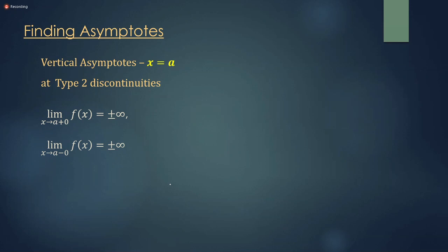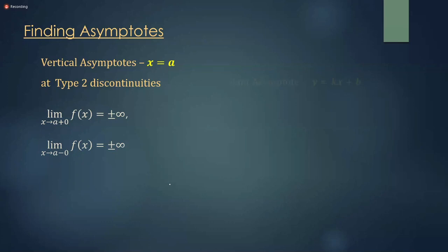So the vertical asymptotes can be recognized as those points on the x-axis where the function tends to infinity. If you look at the domain of the function, these are the points of discontinuity, where these infinite gaps happen.